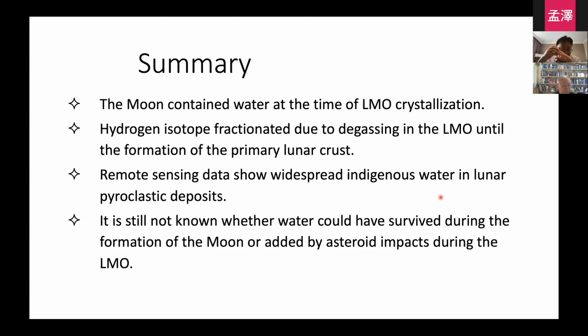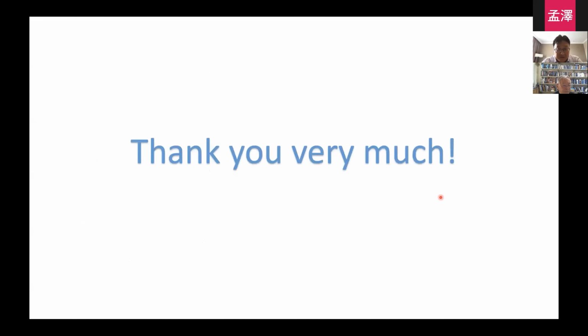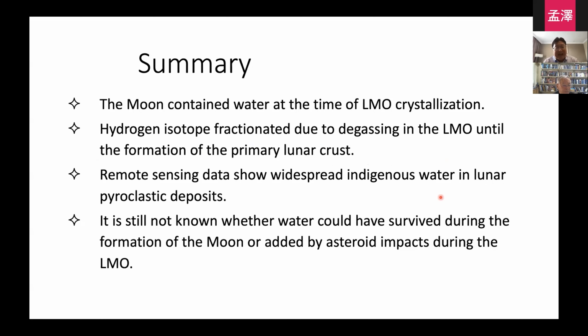However, it is still not known whether water could have survived during the formation of the moon or was added by asteroid impacts during the lunar magma ocean crystallization. Okay, I think that's the end, and thank you very much for your time.